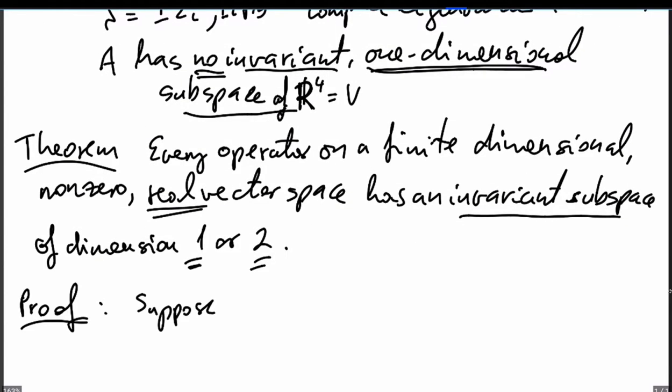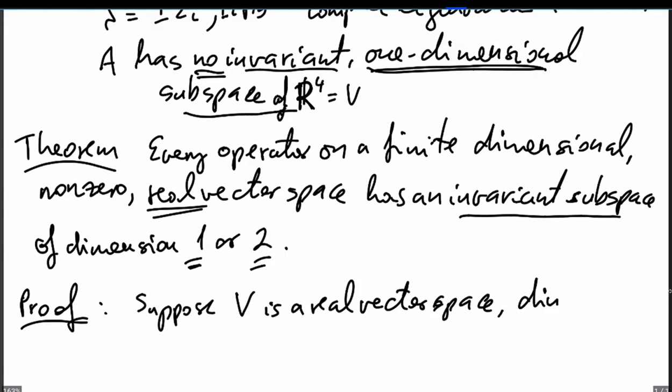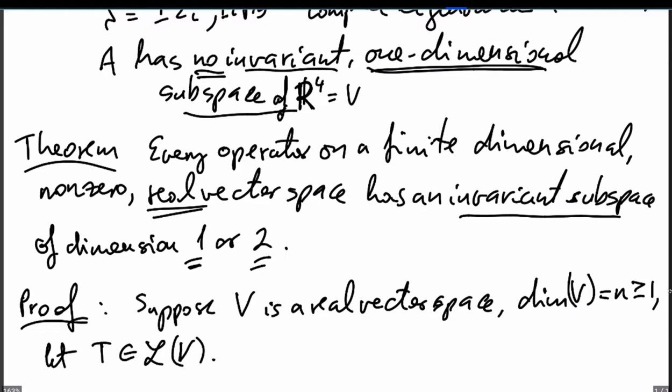Suppose we have V a real vector space, and that the dimension of V is denoted by n, and that is equal to 1 or larger. And let T be a linear operator on V. Then we choose a vector v from this vector space such that v is not 0.